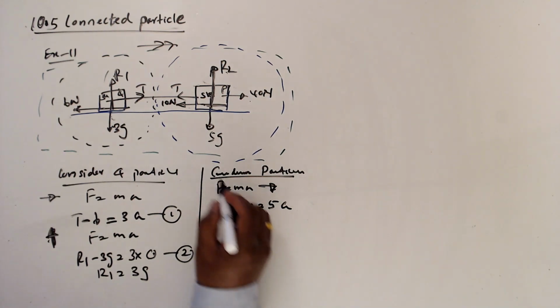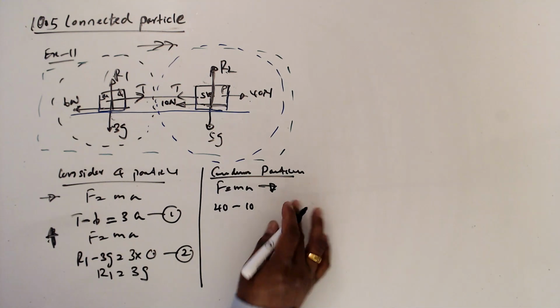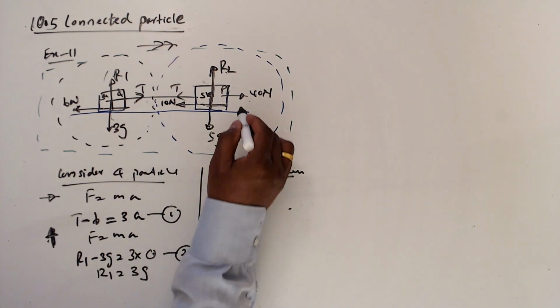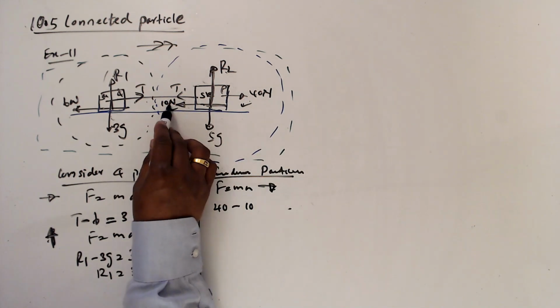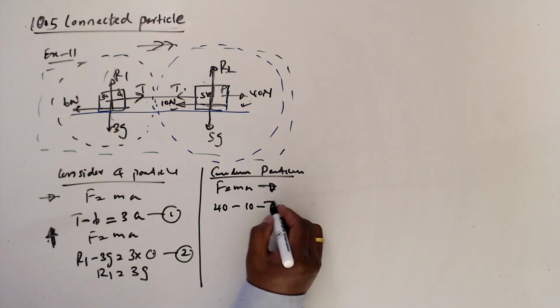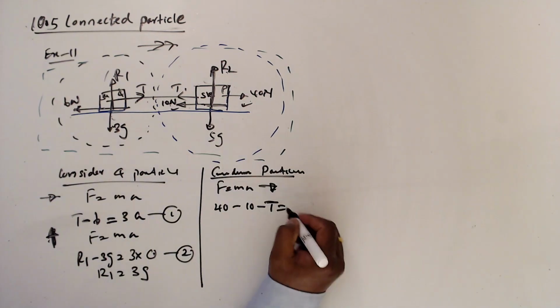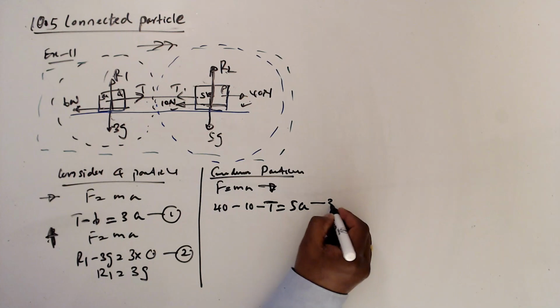And one more thing, I missed this T. There are three forces, 1, 2, 3, I missed one. So 40 minus 10 minus T equals 5 times a. So this is the third one.